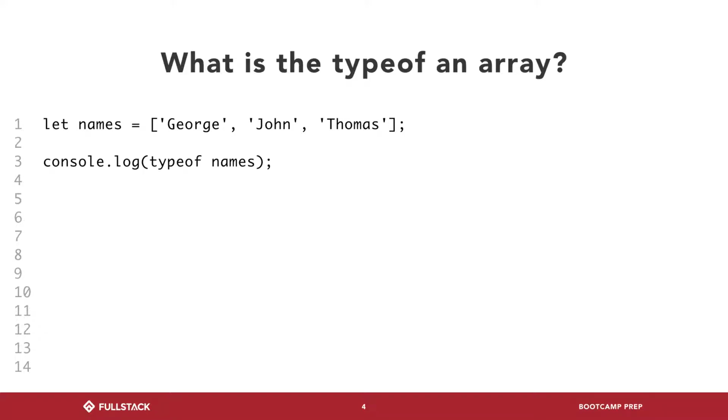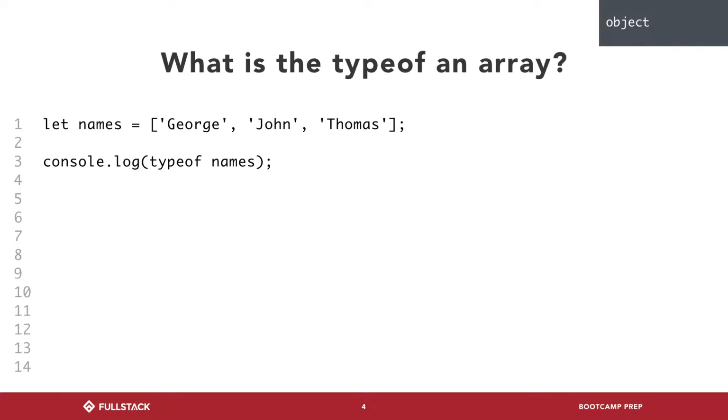What is the type of an array? Well, if we test it out, we see that when we use typeof and pass an array, we get back the string "object." And that may seem kind of strange, right? Because so far when we do typeof a number, we get back number. When we do typeof a boolean, we get back boolean. So why do we get object back? This has more to do with the way that JavaScript implements arrays under the hood.